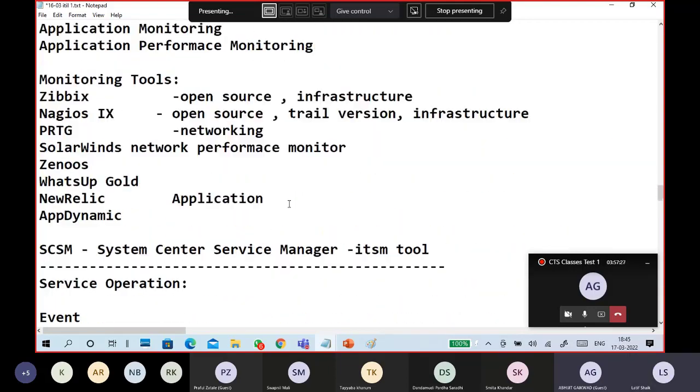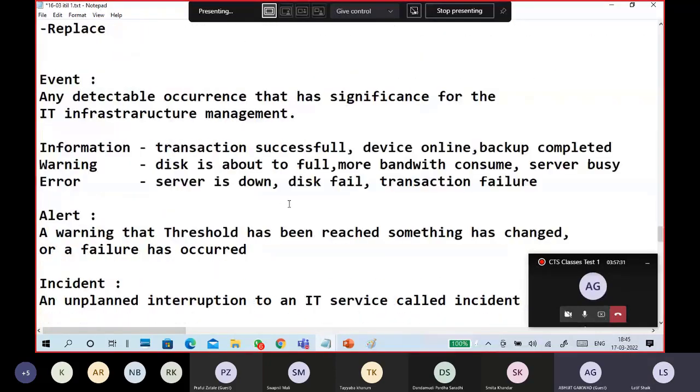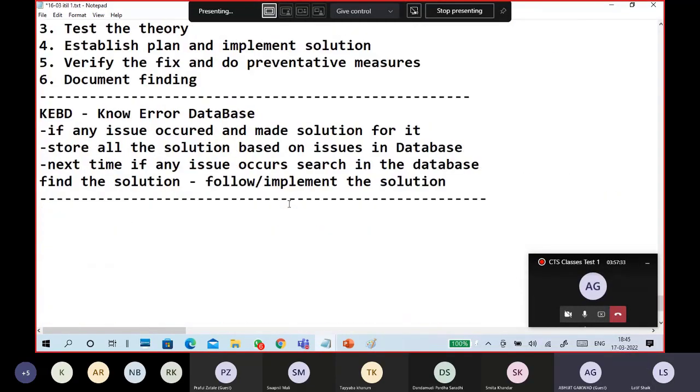So these are all part of your ITIL. That's it, guys, okay?